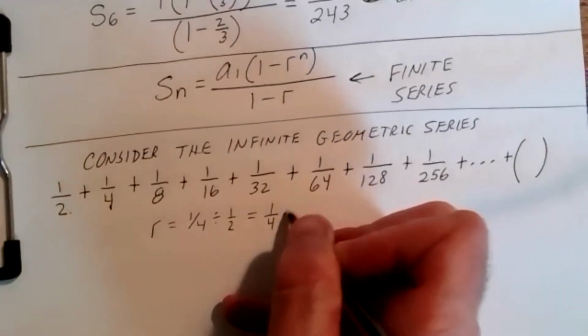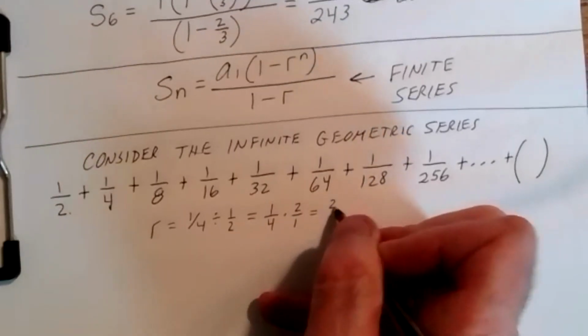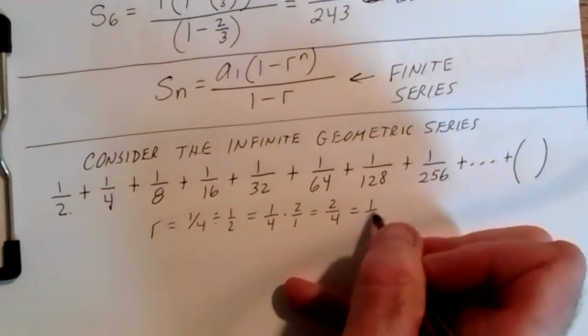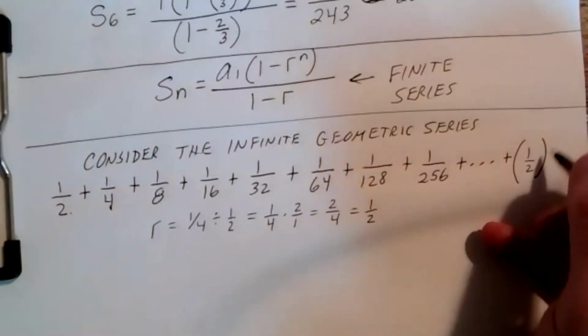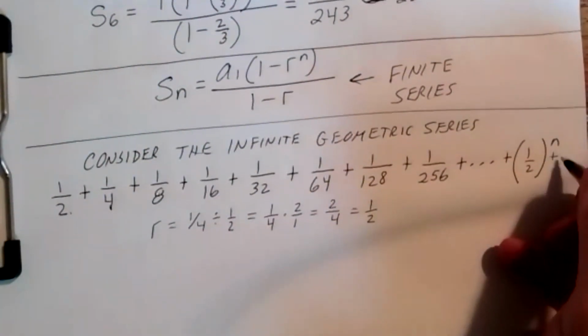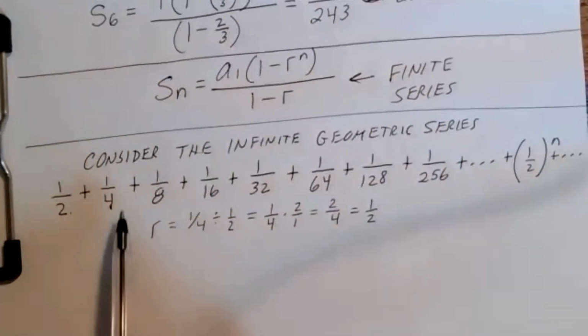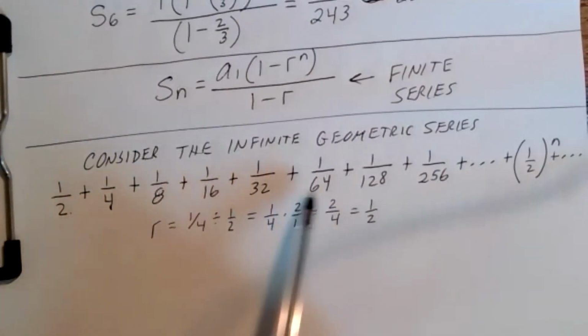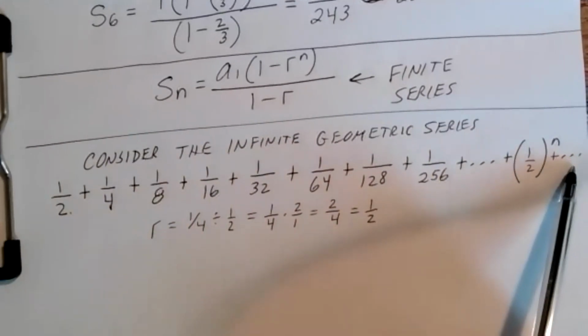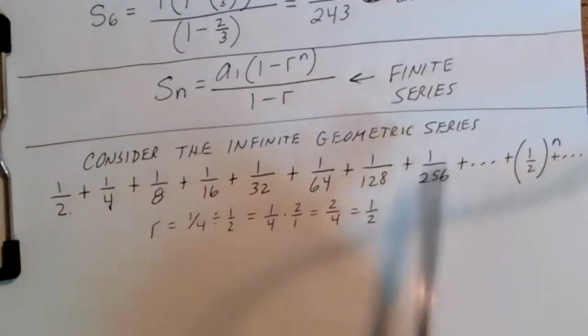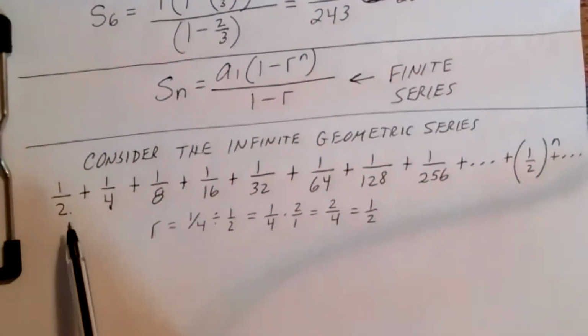Well, that's 1/4 times 2 over 1, which is 2/4, which is really what? 1/2. Common ratio is 1/2. So we have what's called an infinite geometric series because we have plus ... This thing goes on forever. Okay? Goes on forever.